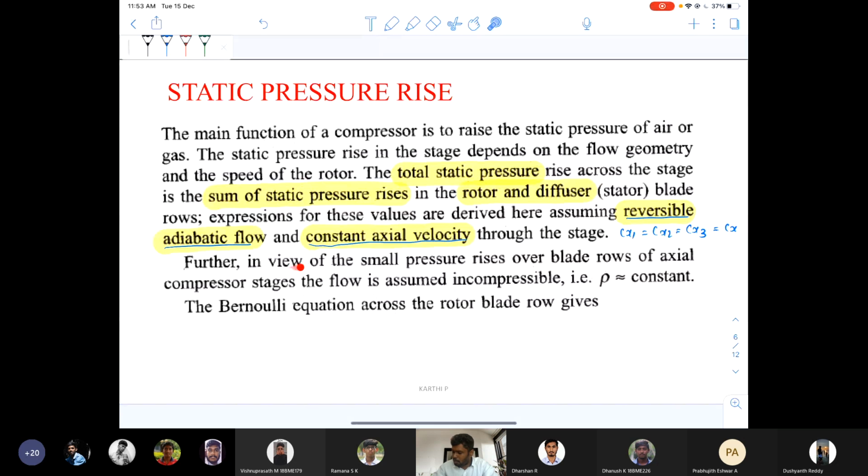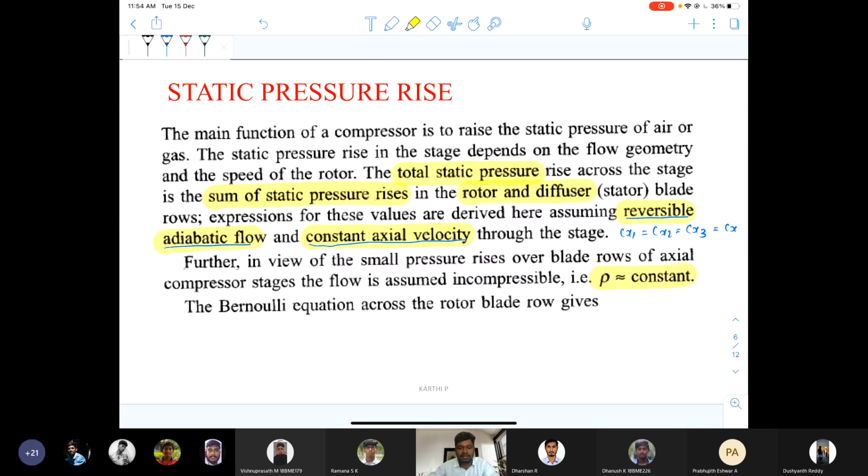Further, in view of the small pressure rise over the blade rows of an axial compressor stage, the flow is assumed incompressible. Therefore, the density is kept constant.